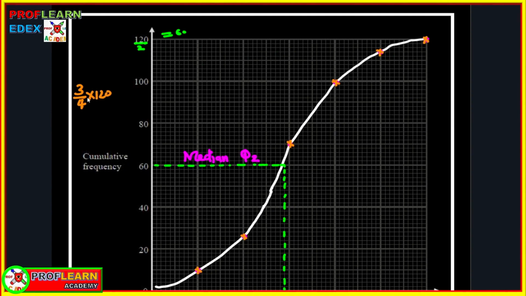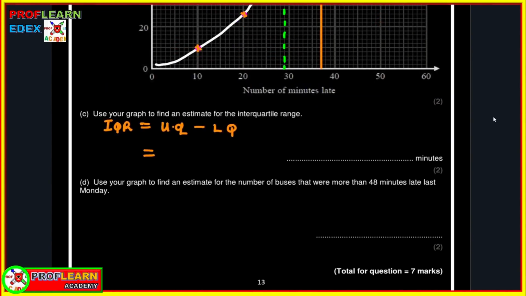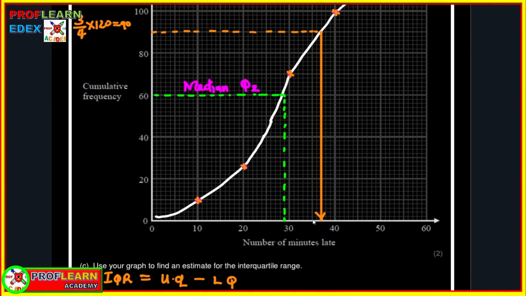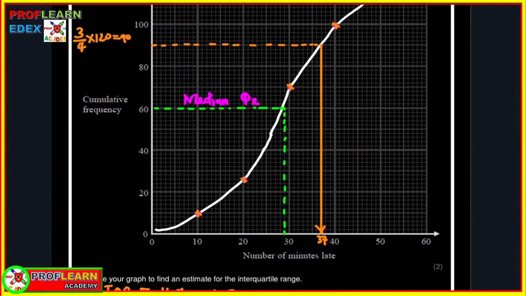The upper quartile is three quarters of the total cumulative frequency, 120 times 3/4, which gives us 90. We check here and read the line below, and this value is approximately 37.